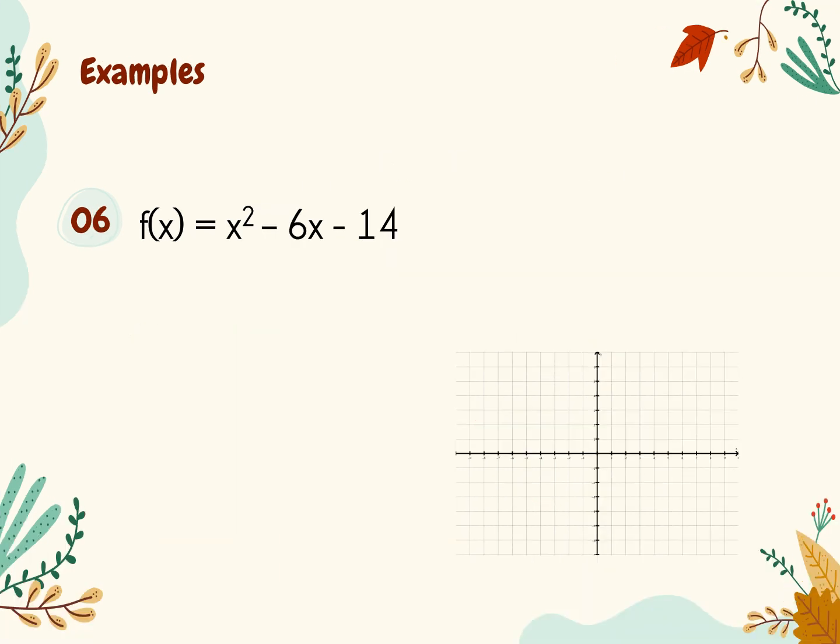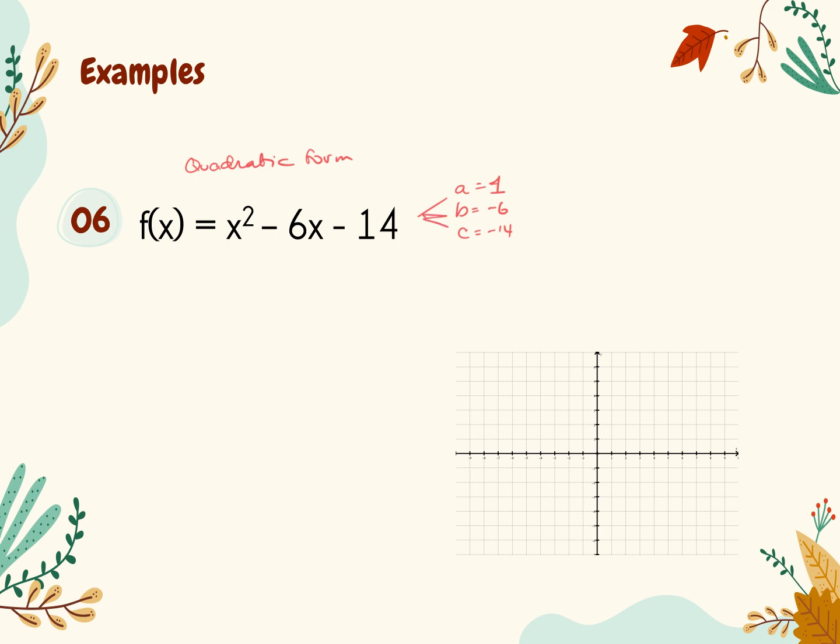Now here we're back to quadratic form, right? This is the quadratic form, and so we talked about how to graph something in quadratic form. Well, again, we have a formula for this. We're going to identify our a value is 1, our b value is -6, and our c value is -14.